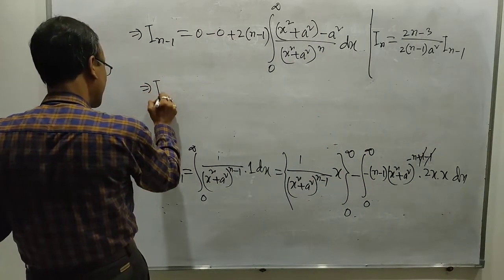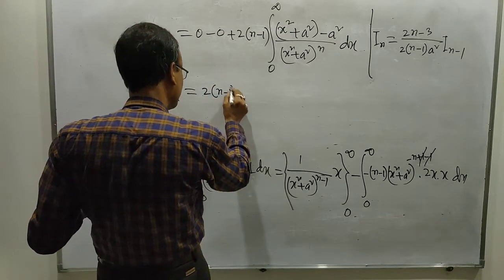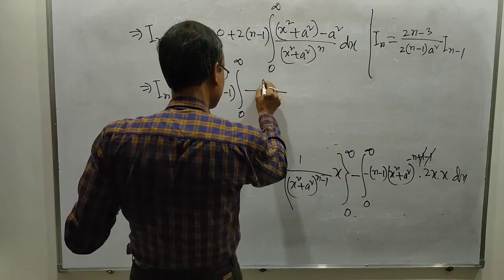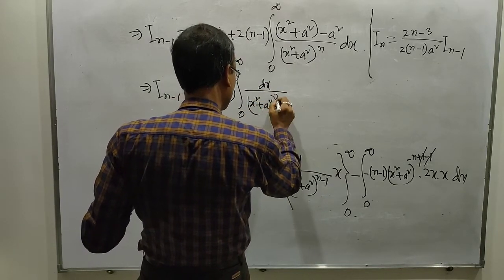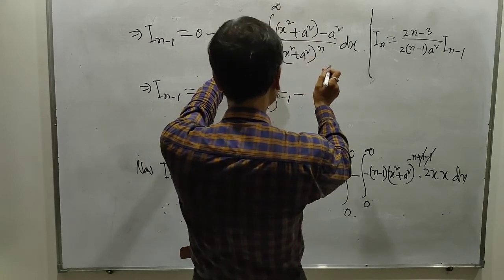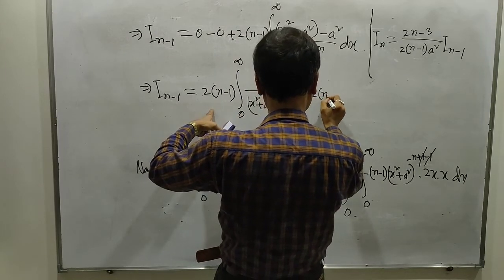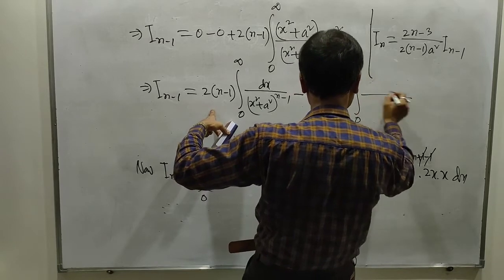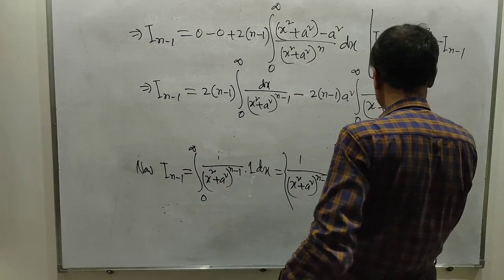This means I_(n minus 1) equal to 2 times of (n minus 1) integral 0 to infinity dx by (x square plus a square) whole to the power n minus 1, minus, this is plus, it will be minus, 2 times of (n minus 1) a square integral 0 to infinity dx divided by (x square plus a square) whole to the power n.